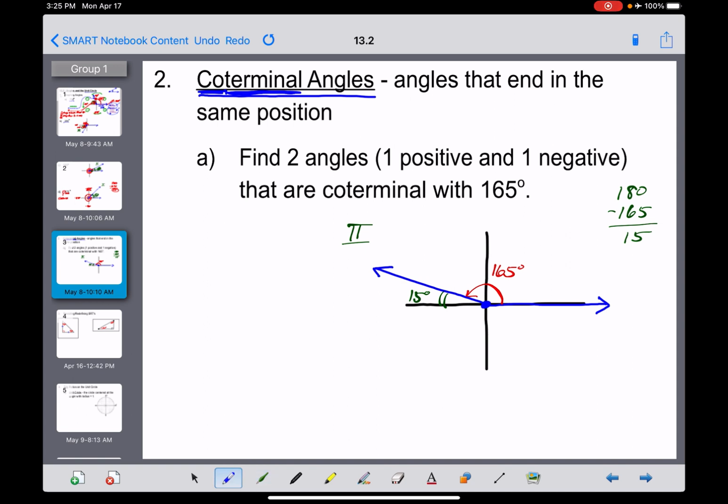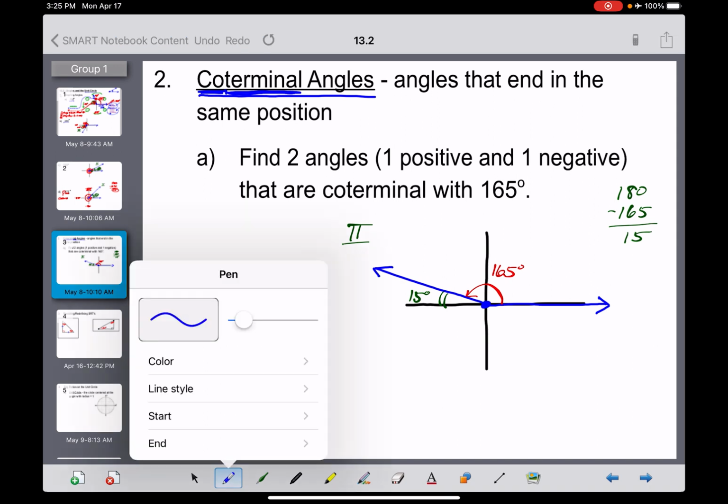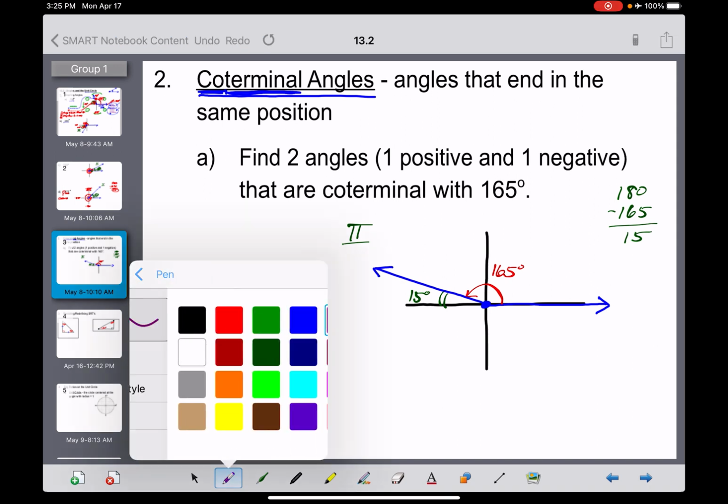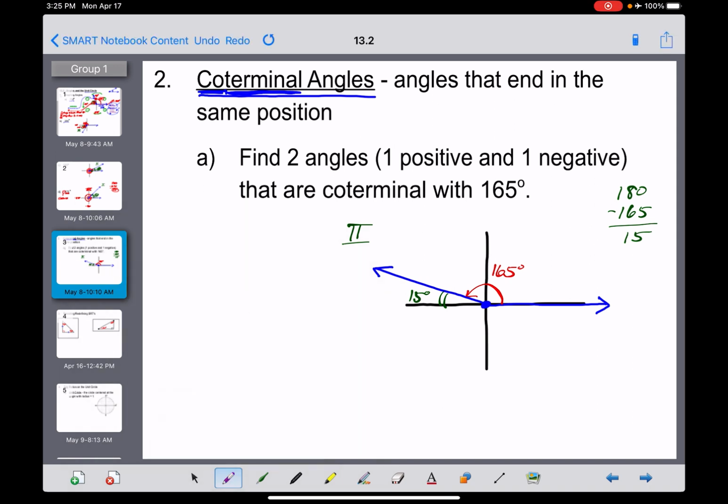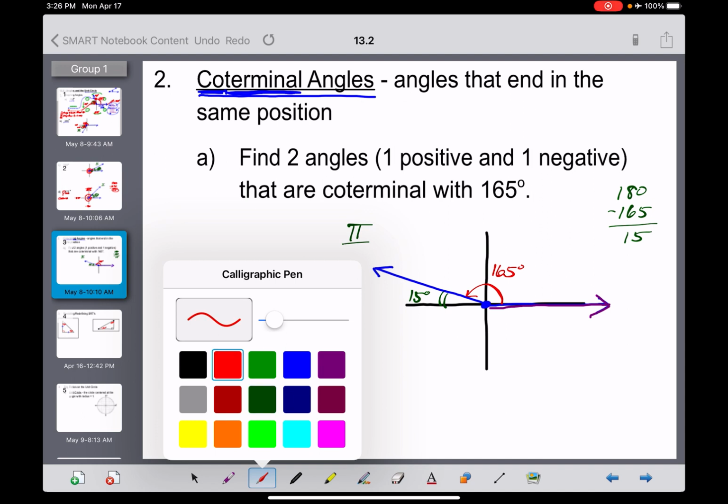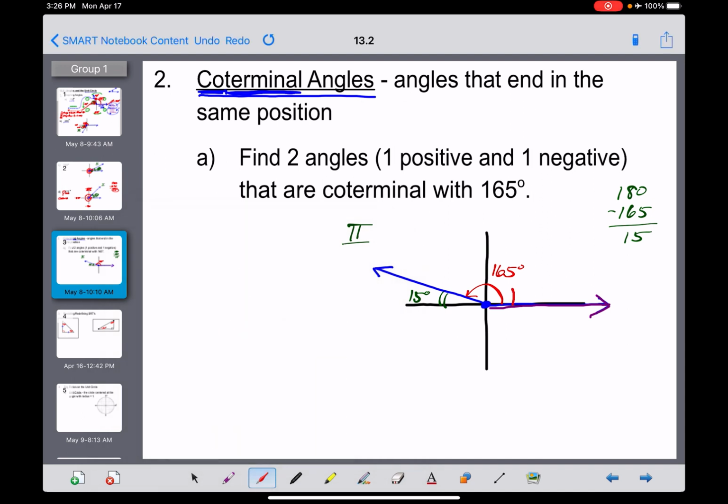It said find two angles, one positive and one negative, that are coterminal with 165 degrees, meaning when we graph these angles, we want to end up in the exact same position. So I could have another angle that also starts in the same position right here, but now I'm going to shoot past that 165 and keep going another complete circle until I land on that same terminal side, but the second time around.